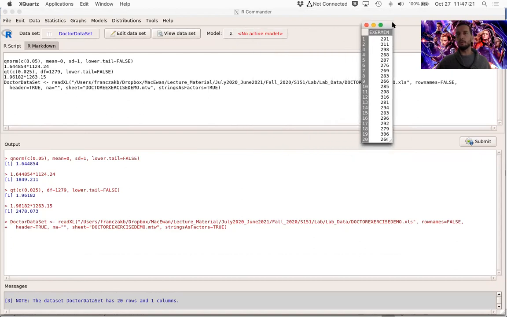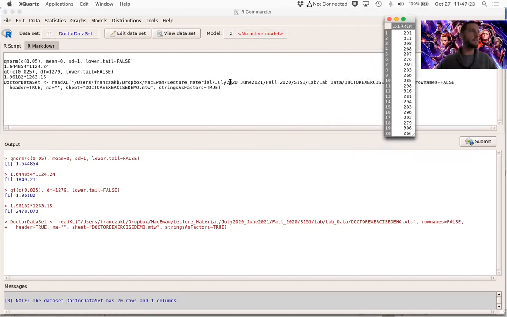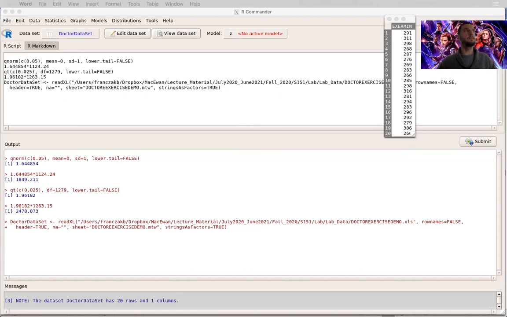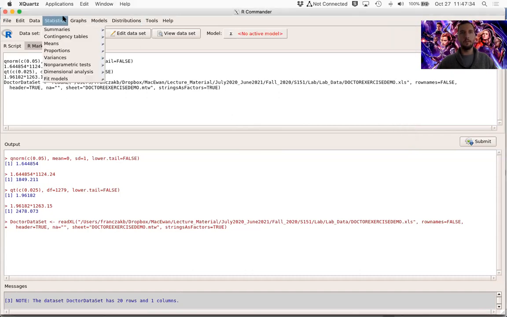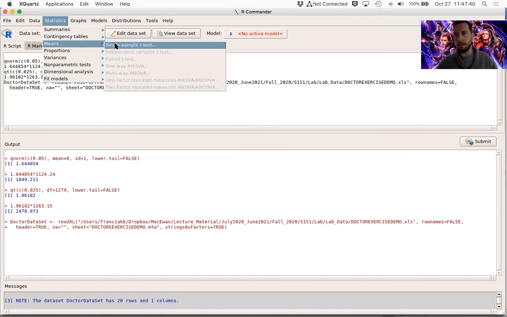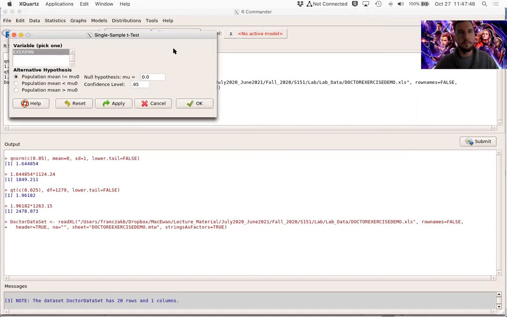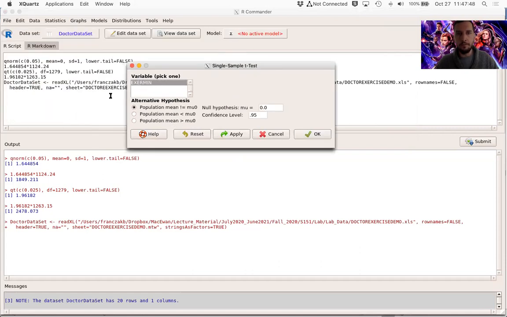All right, we're going to use Rcmdr to construct a confidence interval for this data set. To do that, we go statistics, means, single sample t-test. You can see here that there's really no other option. Okay, so we click OK. We pick our variable.